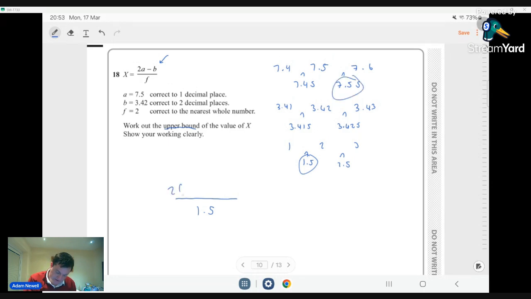So 2 times by 7.55, take away that smallest value, 3.415. And we get 2 times 7.55, take away 3.415, all divided by 1.5, gives me an answer of 7.79.